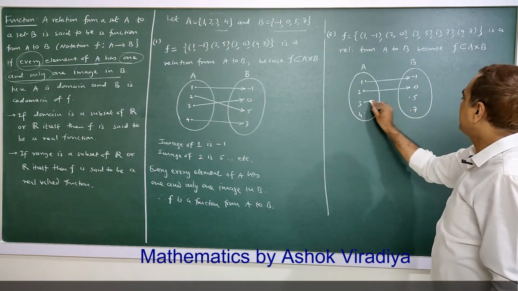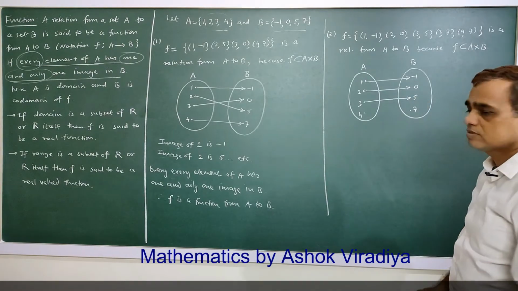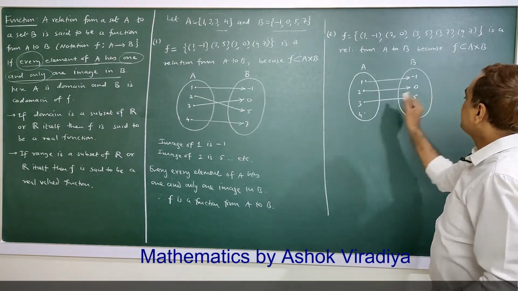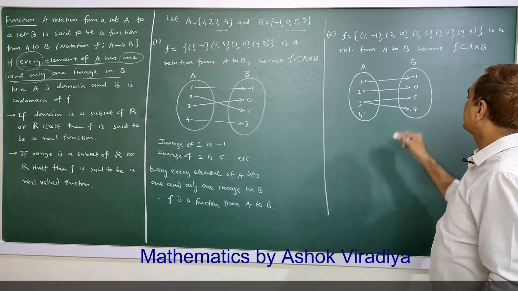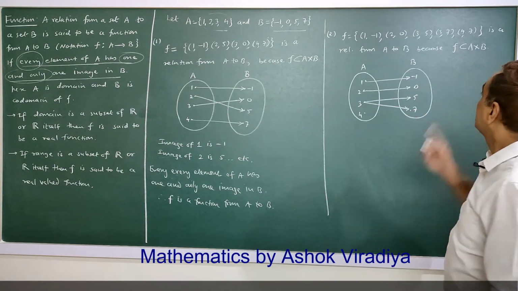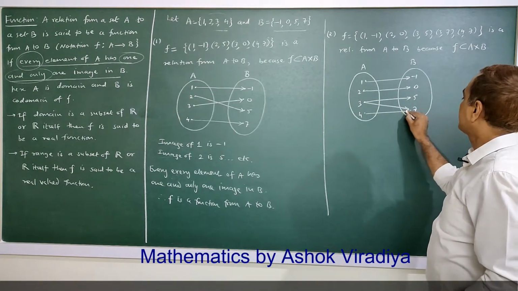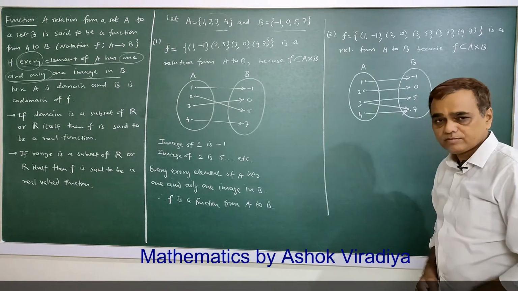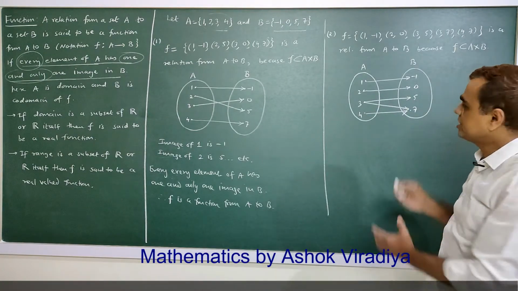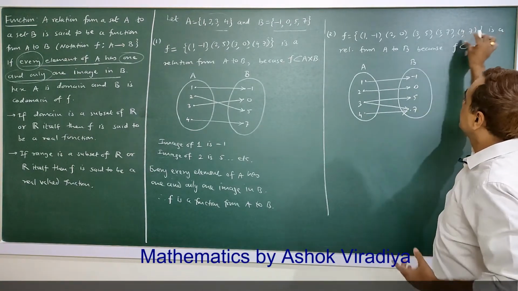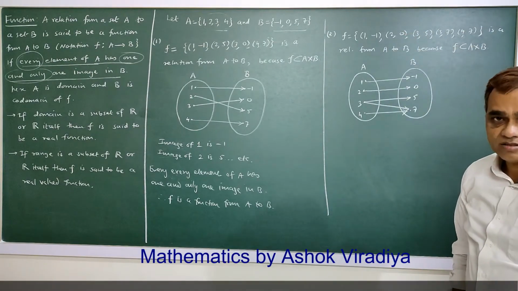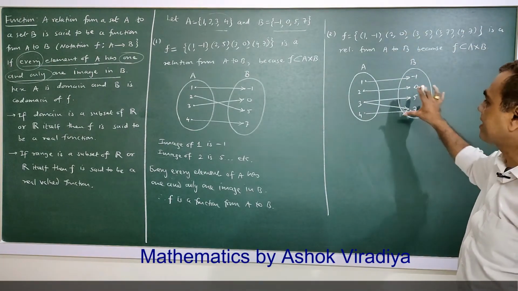The image of 3 is 5. Again, the image of 3 is also 7. The image of 4 is 7. So this is the pictorial representation of this relation. We can say it is a Venn diagram.